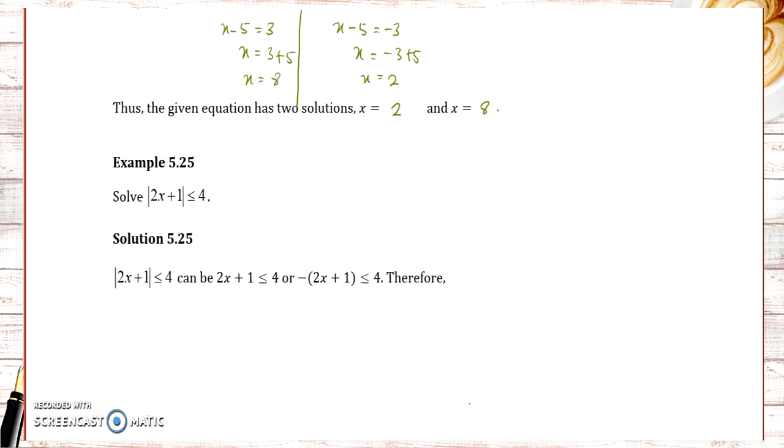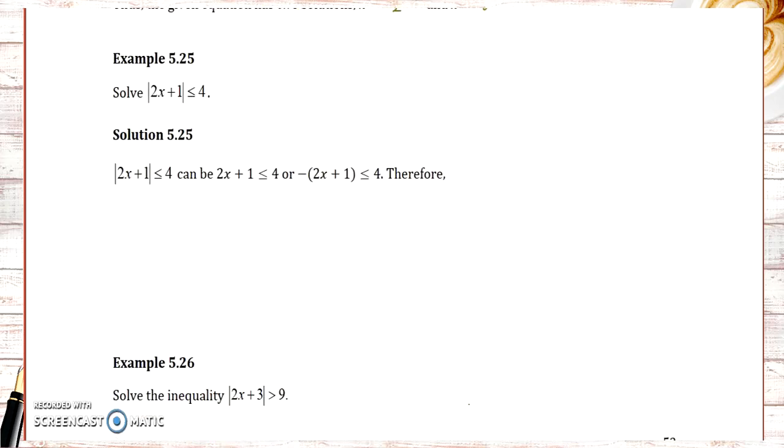Let's move to the next example, 5.25. Now we have an absolute inequality. Solve modulus 2x plus 1 less than or equal to 4. The left hand side of the inequality can be written as positive 2x plus 1 less than or equal to 4, or negative times 2x plus 1 less than or equal to 4.